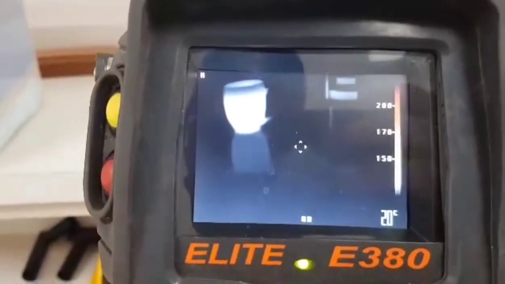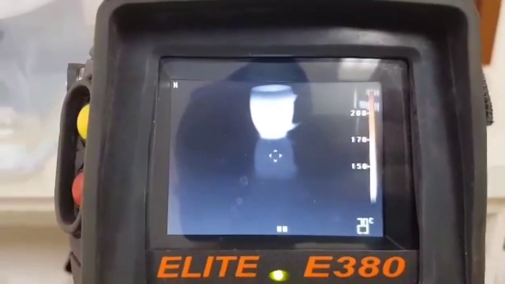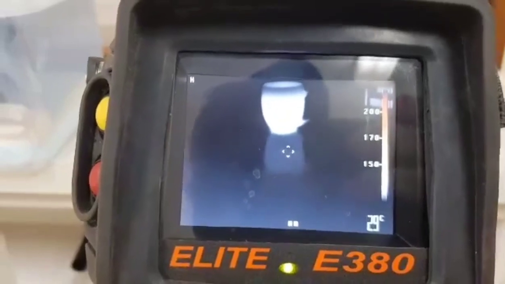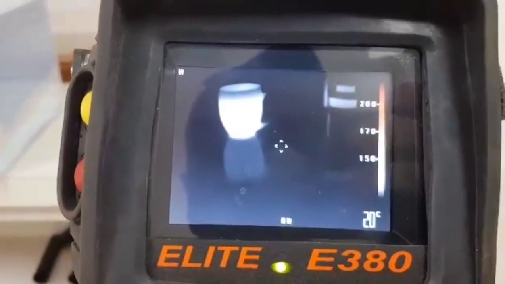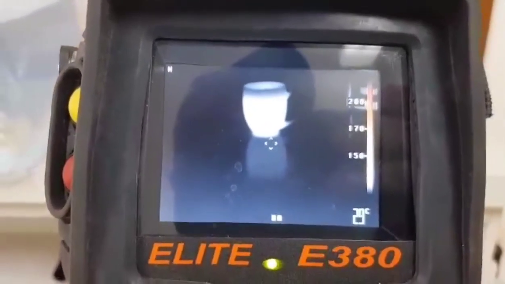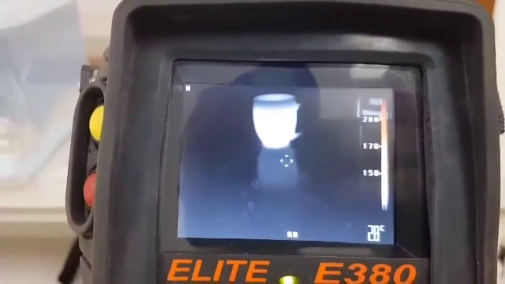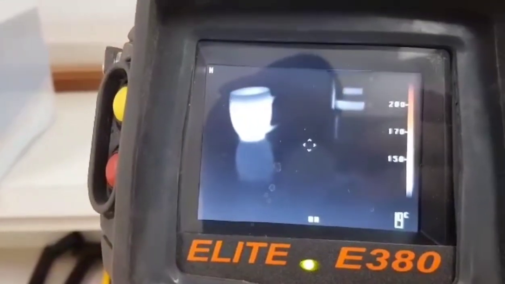It being a reasonably shiny surface is also reflecting the image from our hot mug, and you'll see how the temperature of the countertop changes based on where we are pointing our camera.